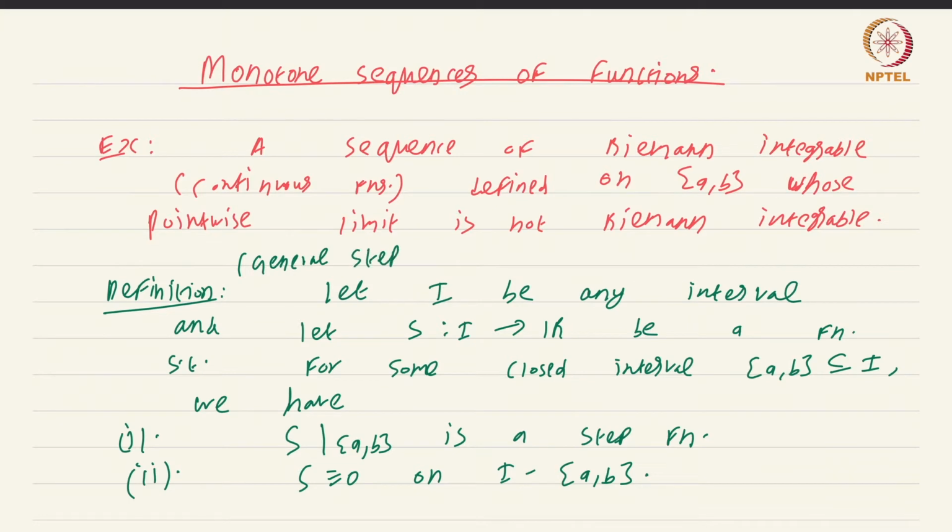This is a slightly larger class of functions than the type of step functions we considered in the last video, when we wanted to define the Riemann integral in terms of step functions. Now that we have this, we can define the integral over I of the step function to be nothing but the integral from a to b of the step function s.